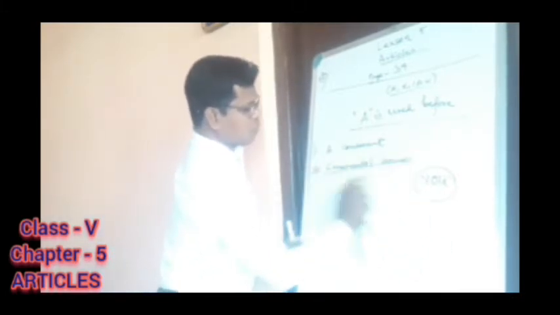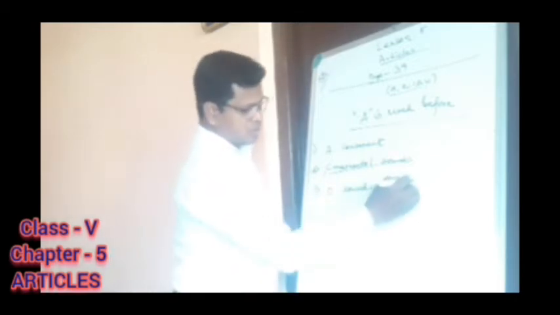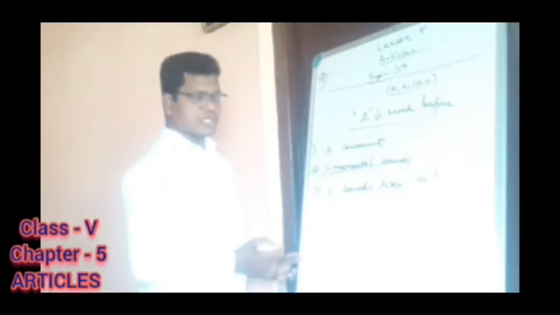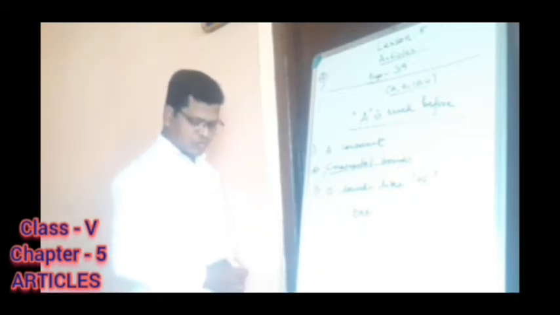One more is there, number 3, when o sounds like w. Just like when I say such words like one, and then we have a one rupee coin or a one rupee note.